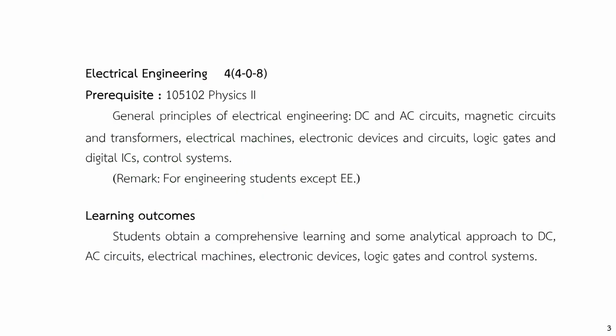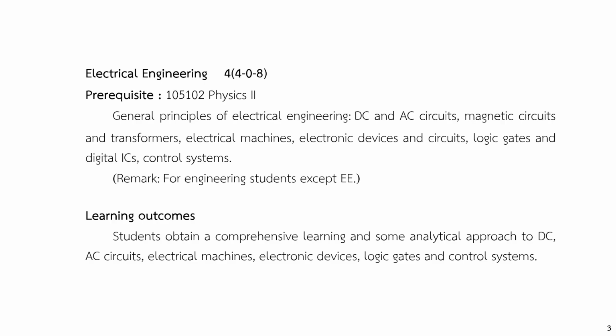So let's see the content. This is for electrical engineering. We will talk about the principles of electrical engineering. We have DC and AC circuits. I think you learned something about this. Direct current, alternating current. We have to do so many calculations, but I'm not going to do complex detail.